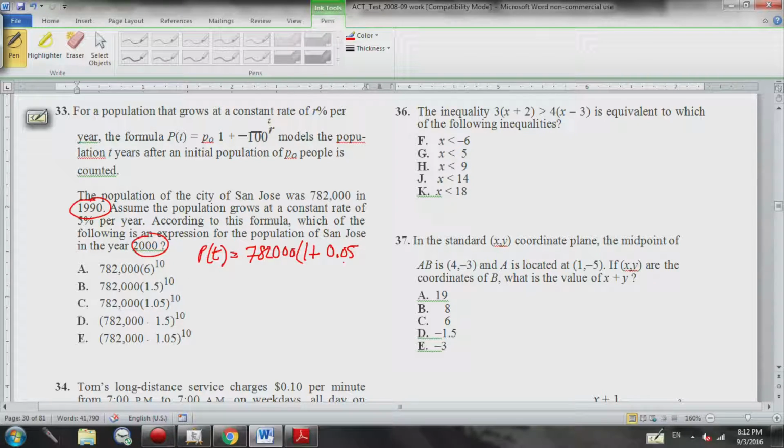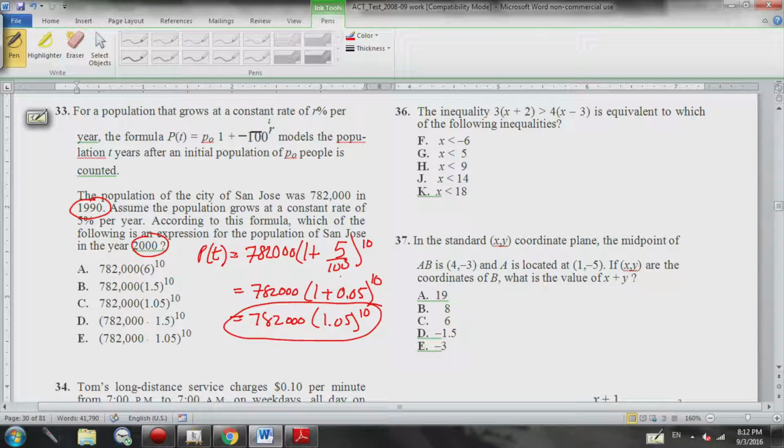That's this here, 5 over 100, to the exponent of t, which in this case is 10. So this is 782,000 times 1 plus 0.05 to the 10. And that's this. So the answer is this.